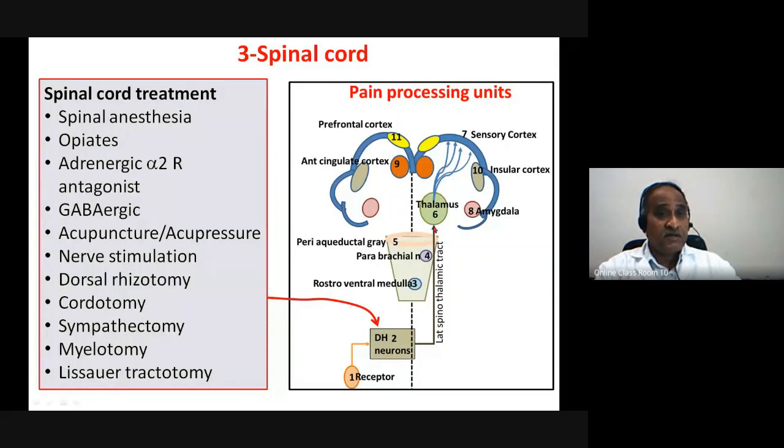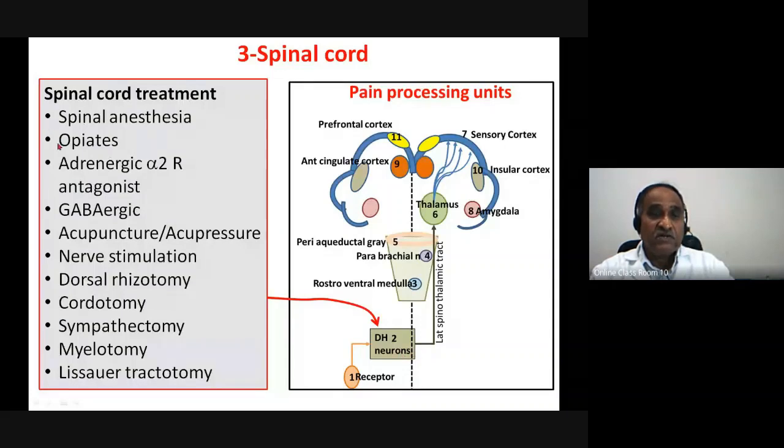Or use opiates, because in the spinal cord the opiate receptors are there, even at the point where the projecting neuron is situated in the dorsal horn in layer 5, and from layer 2 to layer 5 there is an interneuron that is enkephalinergic or opiate.